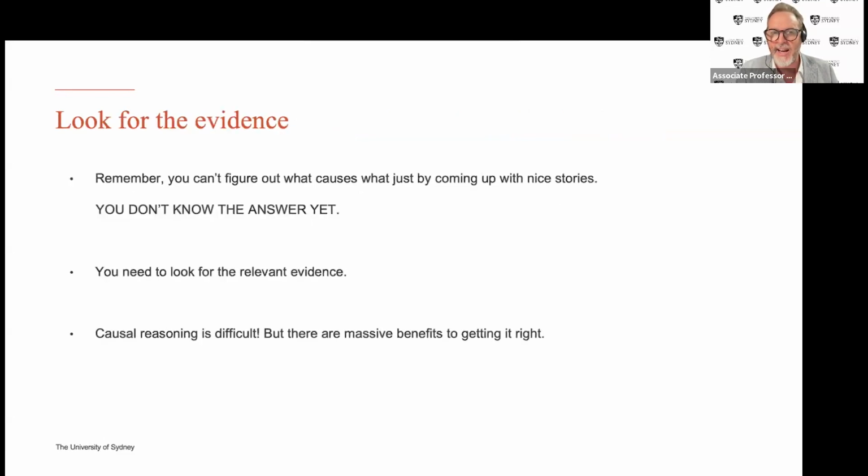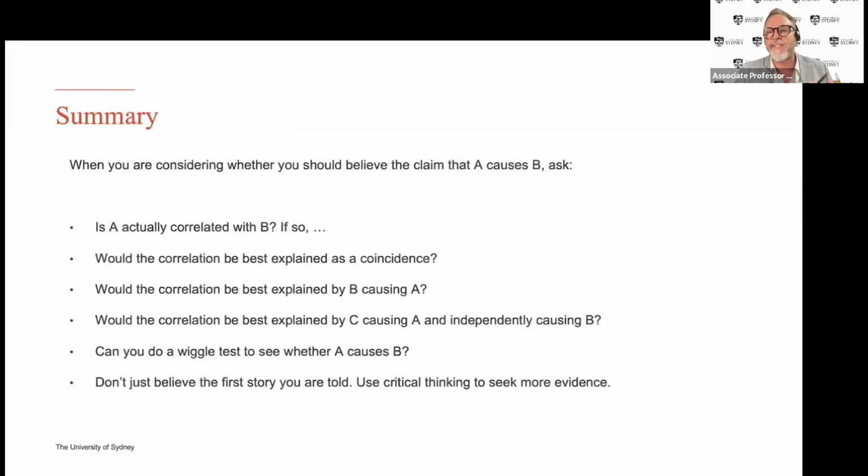Right? So the key lesson here is you don't know what causes what until you've worked through that kind of argument. And hopefully you can see the huge benefits to figuring out what causes what. You can do things like, for example, come up with good, effective treatments for stomach ulcers. Okay, so a summary for you. Remember, you'll have these slides.